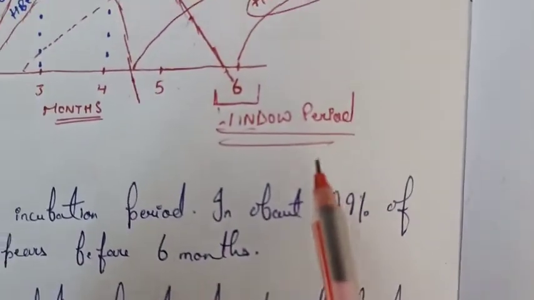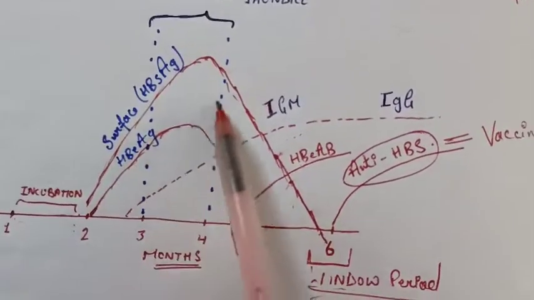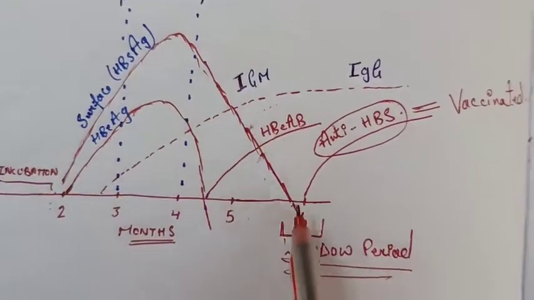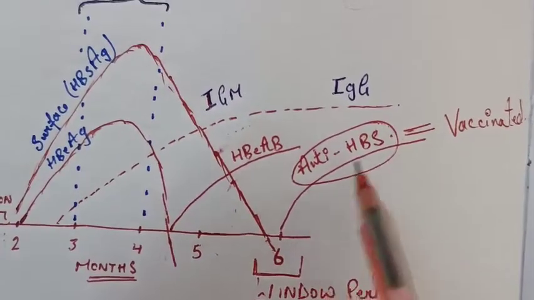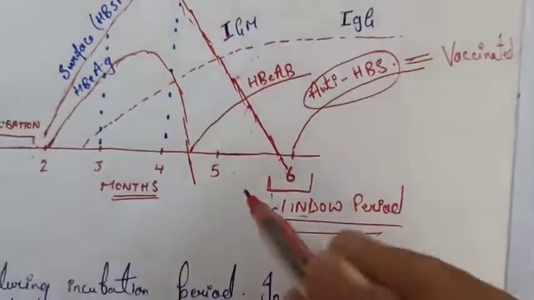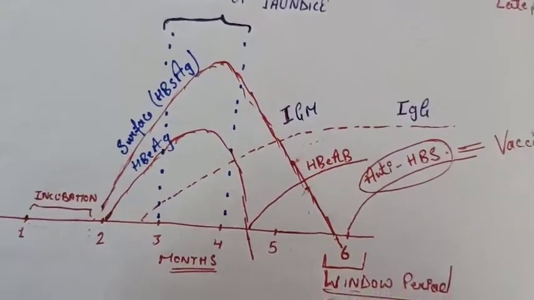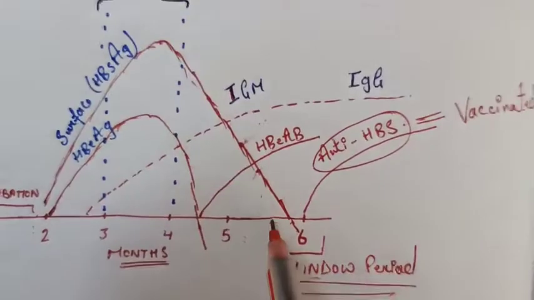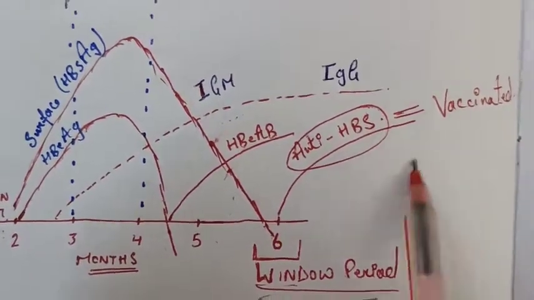The window period is the time between the disappearance of surface antigen, HBsAg, and the appearance of HBsAb. So what is the window period? It is the time period between the disappearance of hepatitis B surface antigen and the appearance of hepatitis B surface antibody. This is called the window period.